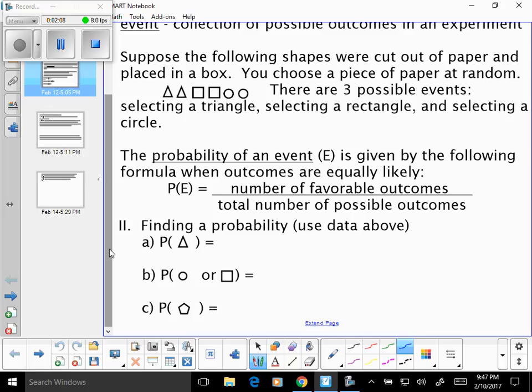The first thing we're going to do is find the probability of selecting a triangle. Now, if you remember back in the box, and you can see up here, here's our box, we can get 2 triangles. 2 out of 1, 2, 3, 4, 5, 6 possibilities. So this is the favorable outcome.